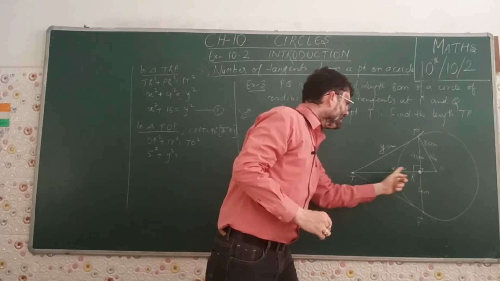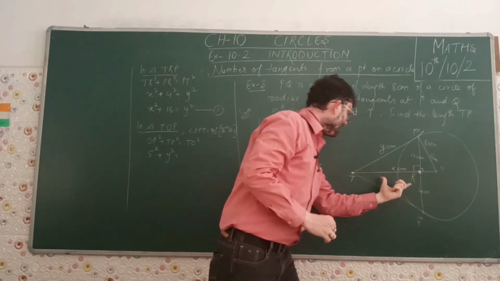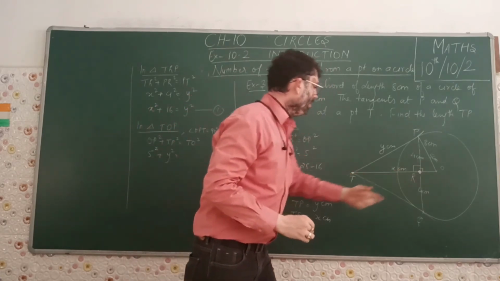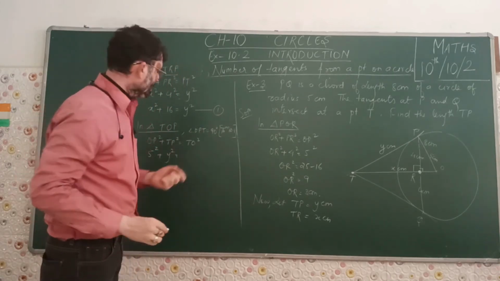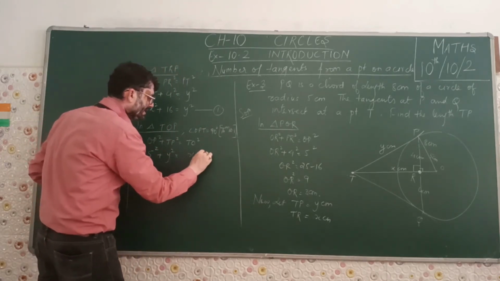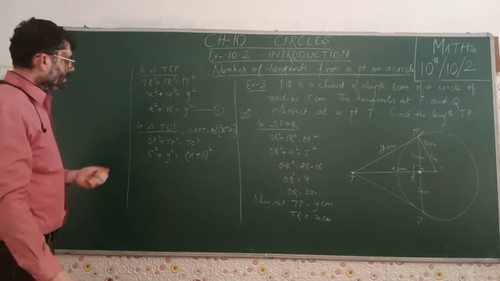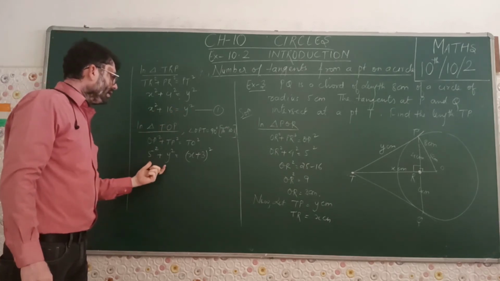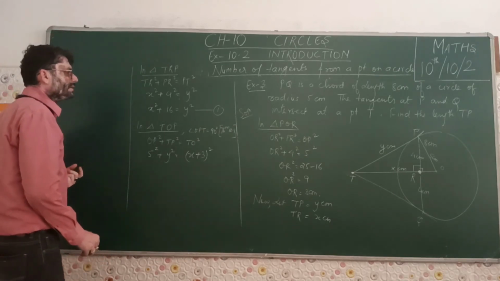And what is PO? PO means TR plus OR. TR we have taken as x and OR we had 3. So TO will be TR plus OR, that is x plus 3. So you can write directly here x plus 3 whole square. Substituting the value of y square from equation 1 here and then solving would make the sum easier.